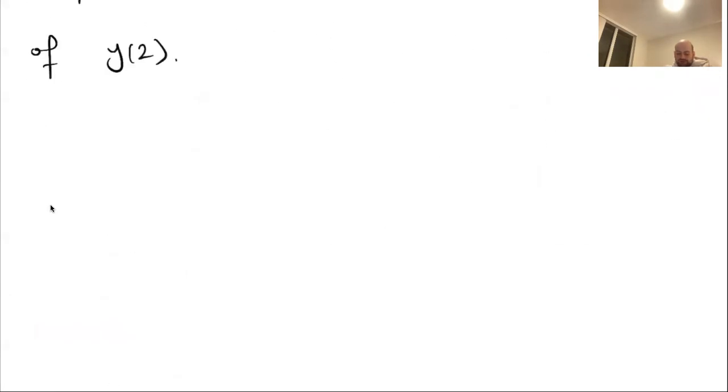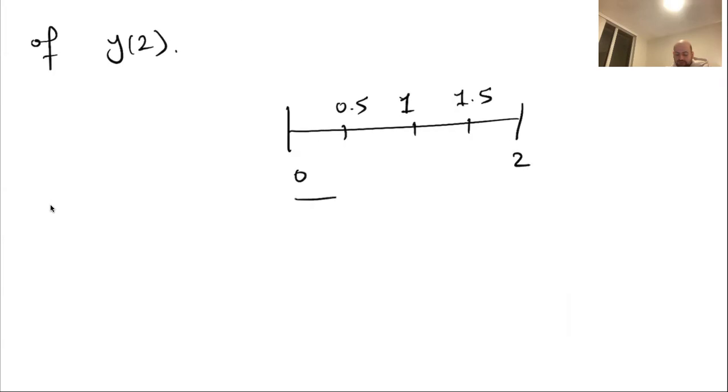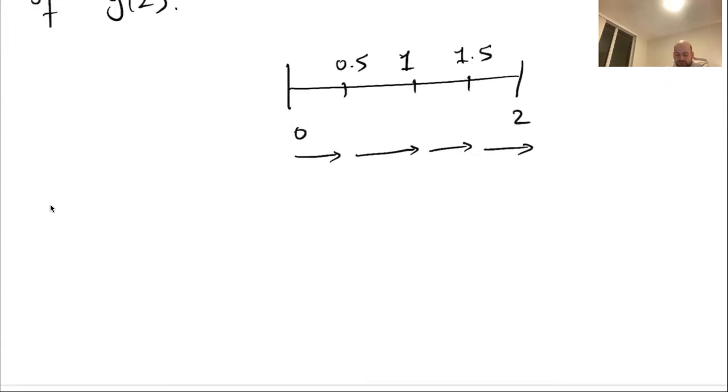So here we have 0 and 2, and then 0.5, 1, and 1.5. So we have to go from 0 to 0.5, from 0.5 to 1, from 1 to 1.5, and from 1.5 to 2.